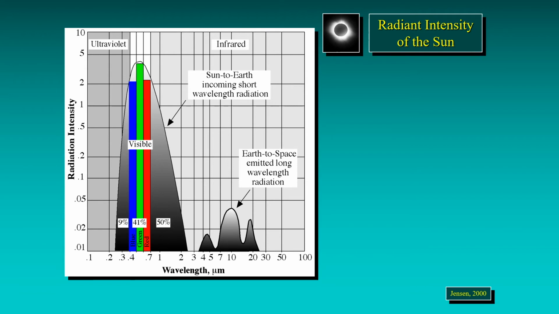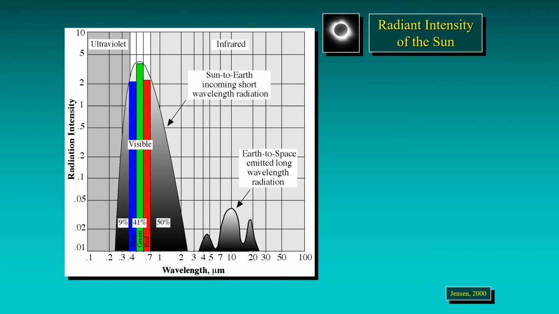The sun is producing about 41% of its energy in the visible portion of the spectrum. That is a substantial portion of the energy being emitted in what's really a relatively narrow portion of the overall spectrum. And again, blue, green, red light, all of those are examples of different wavelengths of light in the visible portion of the spectrum.